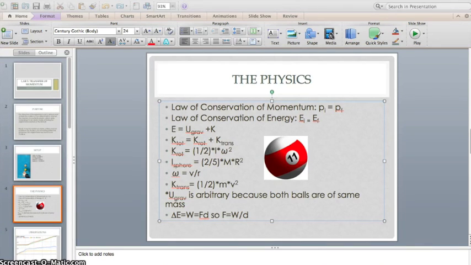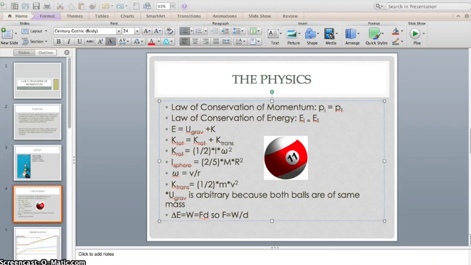So our total kinetic energy is composed of the rotational plus the translational kinetic energies. K rotational can be found by multiplying 1/2 by the inertia by the angular velocity squared. Our inertia is that of a rotating sphere, which can be found with the formula 2/5 times the mass times the radius squared.